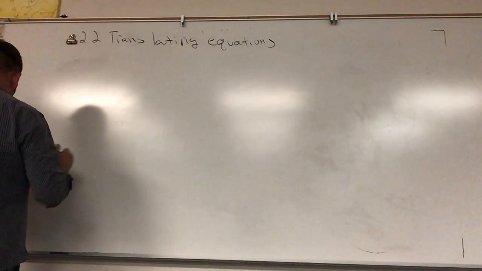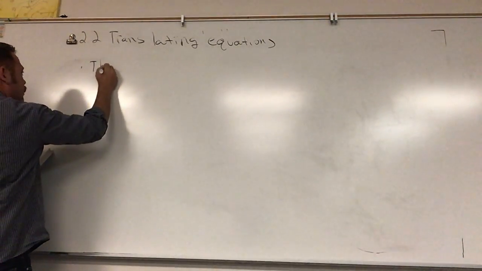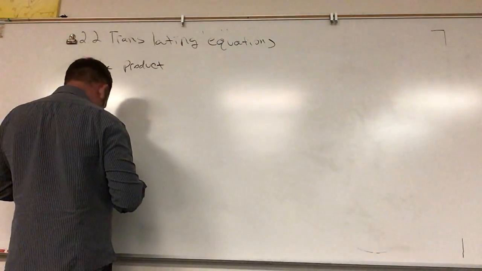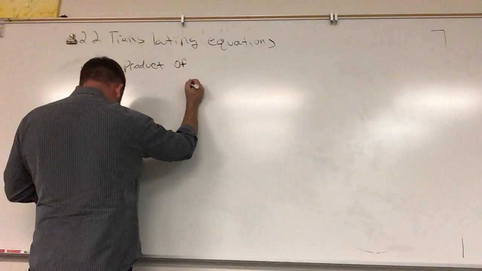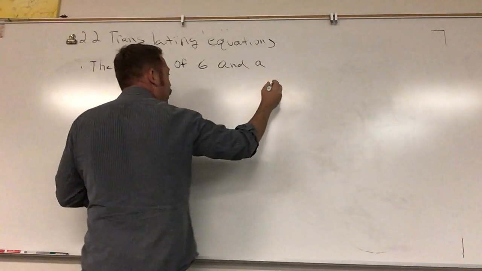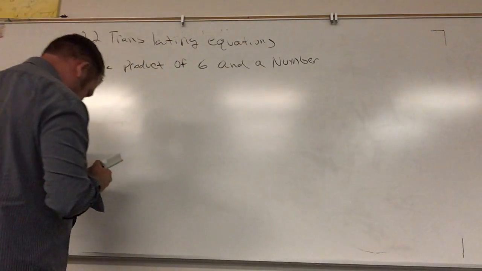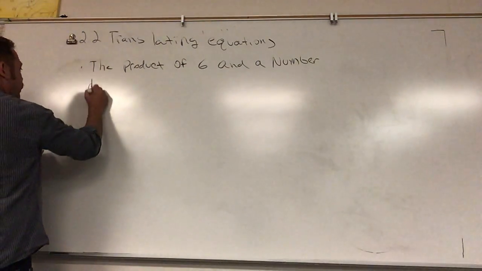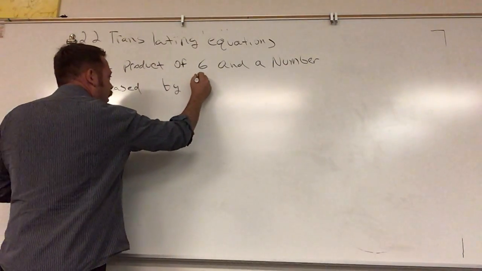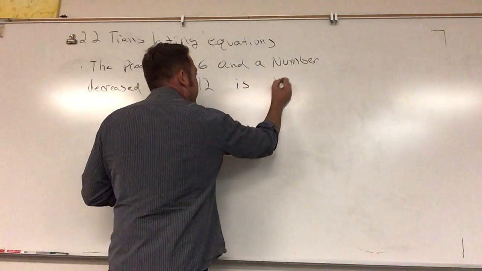It says, the product of 6 and a number decreased by 12 is 15.